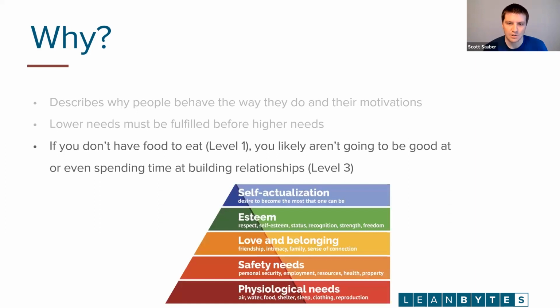If you don't have any food or water or shelter, you're probably not going to care much about building relationships, because food is more of a level 1 thing, and relationships is more of a level 3 thing. You're going to prioritize the lower things before you start moving up the chain, and you can use Maslow's to decipher why people are doing the things that they're doing.